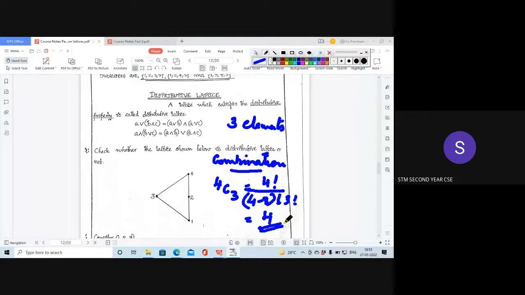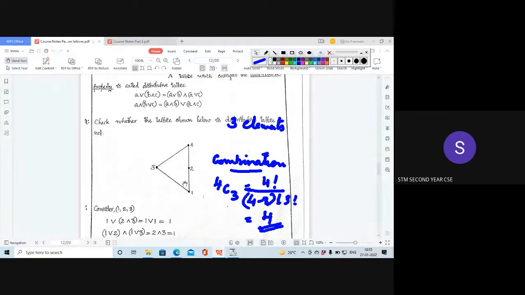You have a total of four combinations here, and for each of the combinations, we have to check if it satisfies the distributive law. So let us see what those four combinations are. The first combination is 1, 2, 3.